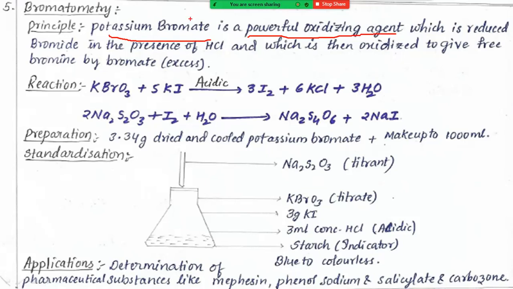These compounds have higher redox potentials, because they accept electrons easily due to higher electronegativity. That's why they are called powerful oxidizing agents.